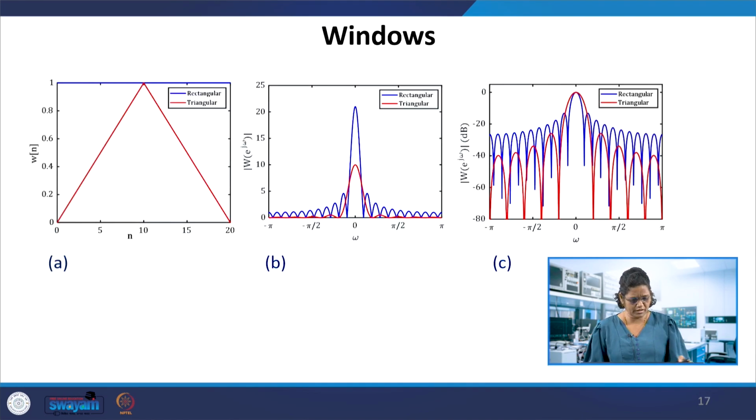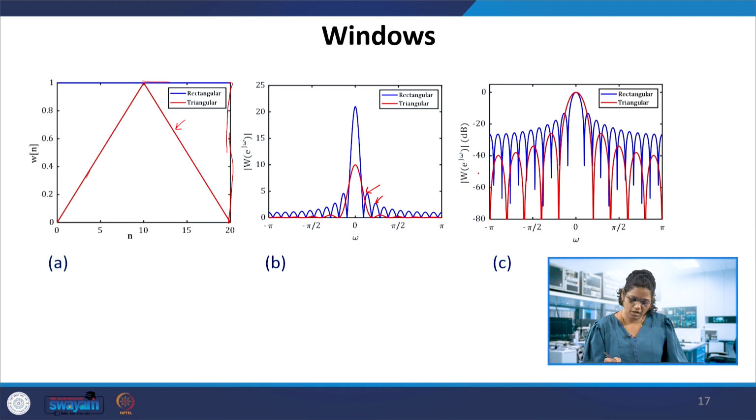So for example, here the rectangular window is shown in the blue line, and this one is a triangular window. If you take the rectangular window, you can see the magnitude, the sinc function, and for the triangular window, this is a sinc square function, the red one.